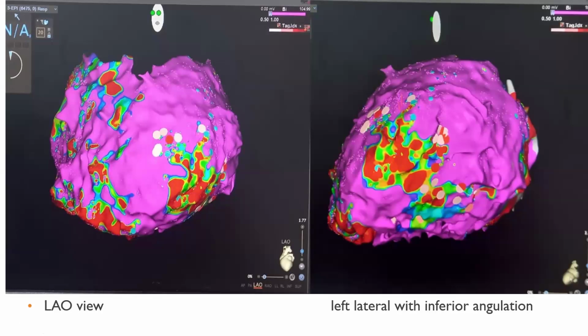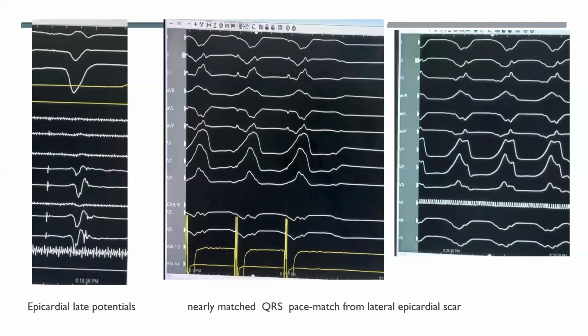And here, when we get a post-systolic or late potential, we want to confirm that we are near the exit of the tachycardia. Here is pacing from Bentaray 13, 15, from such a potential.